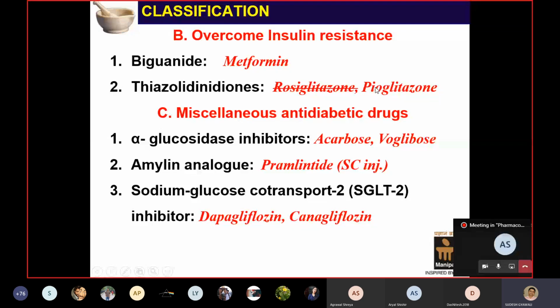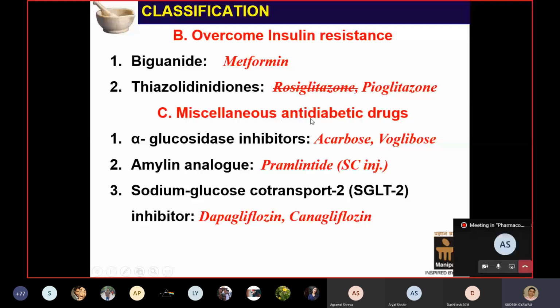And now people are suspecting whether pioglitazone, which belongs to the same group, also has that type of side effect or not. So there is a lot of suspicion, and that is why it is not very commonly used nowadays, okay, because of that tendency.